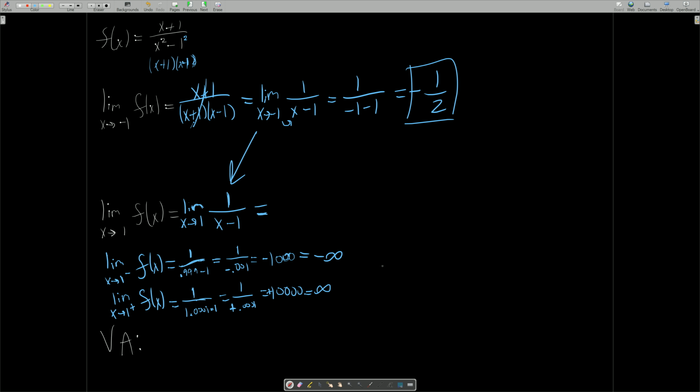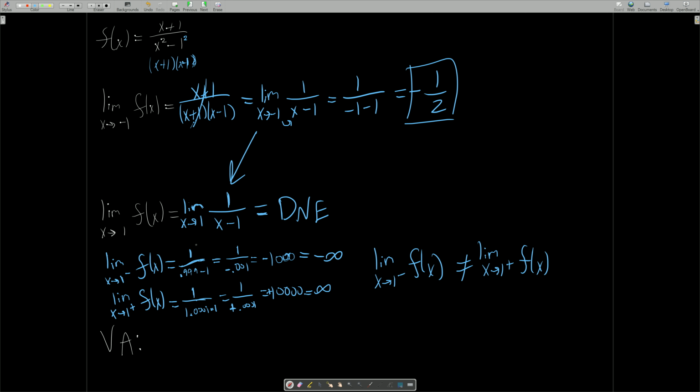And since the limit from the left and the limit from the right are not equal, now we can write that the limit of f of x as x approaches 1 is DNE, does not exist.